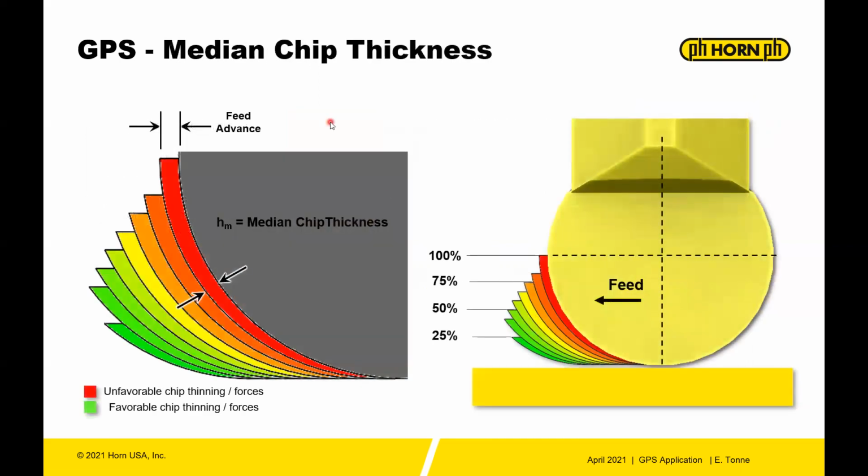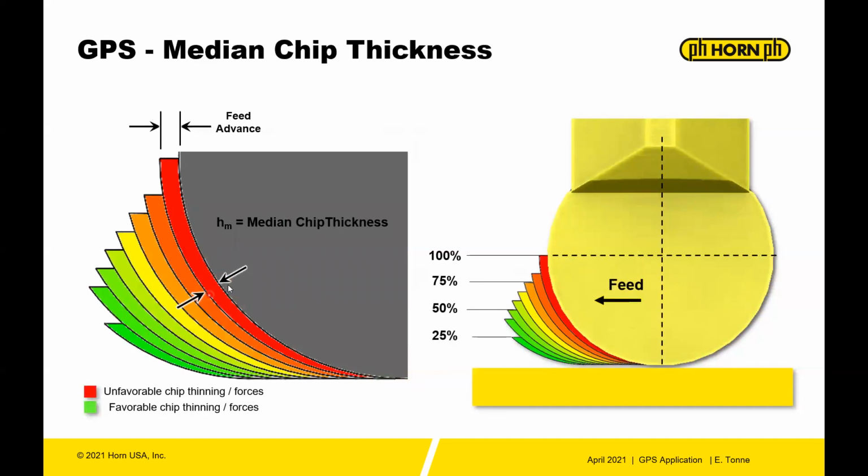So if you look at the diagram here, this briefly explains median chip thickness. Median chip thickness is nothing more than taking the width here, and then the width goes to infinitely small or zero.